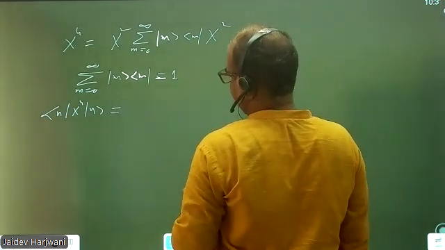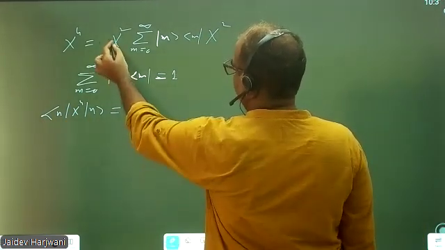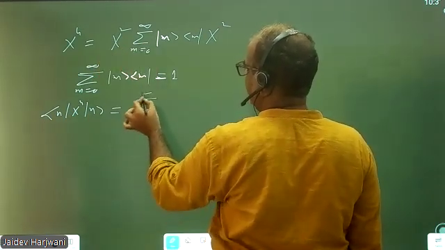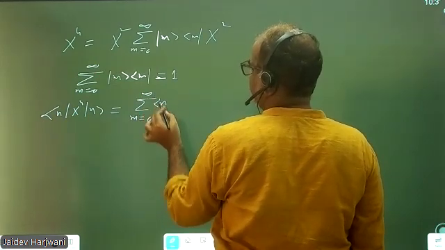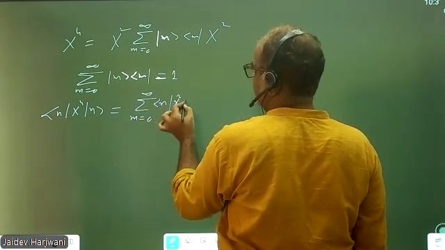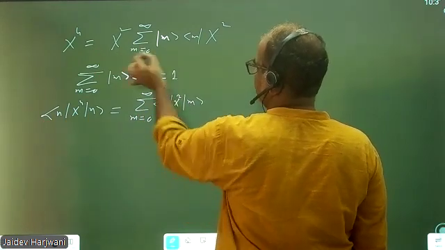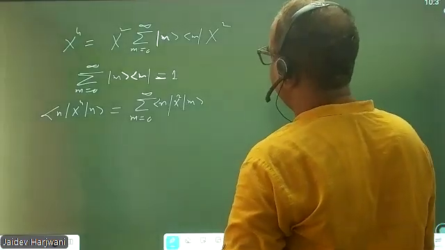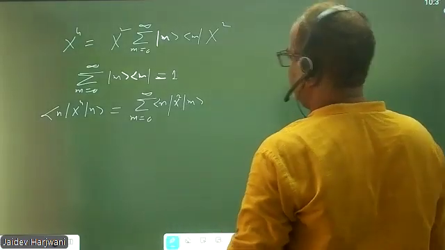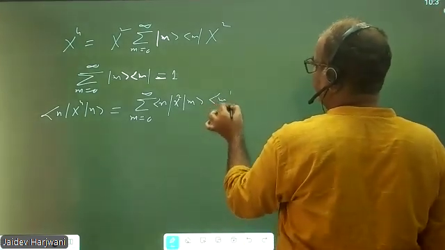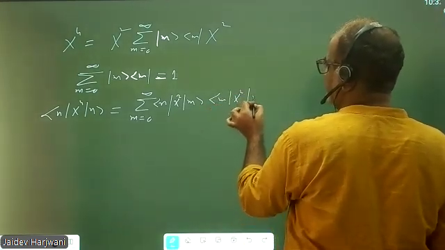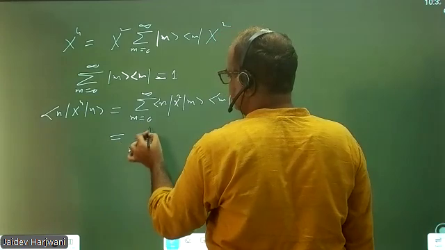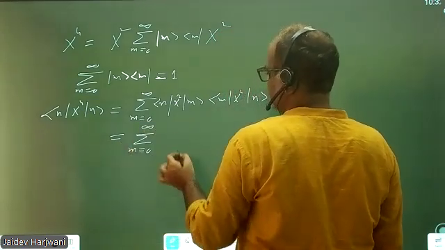It will give me, you operate here, this will go here, so this will give me the summation over m from 0 to infinity of ⟨n|x²|m⟩, this term multiplies here, similarly this multiplies here. So this will give me ⟨m|x²|n⟩.